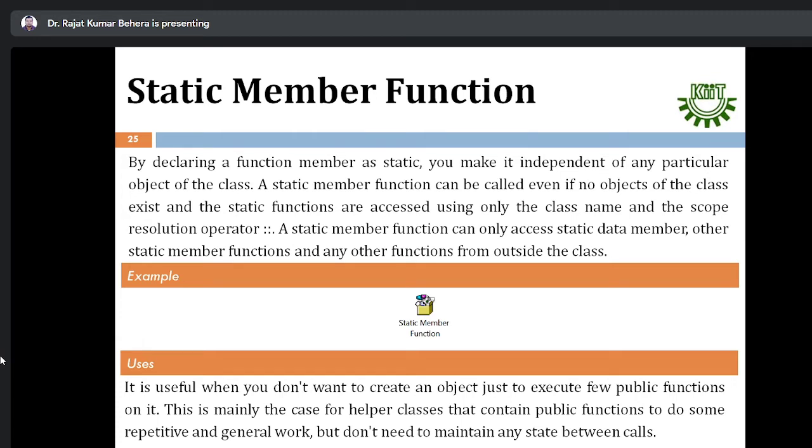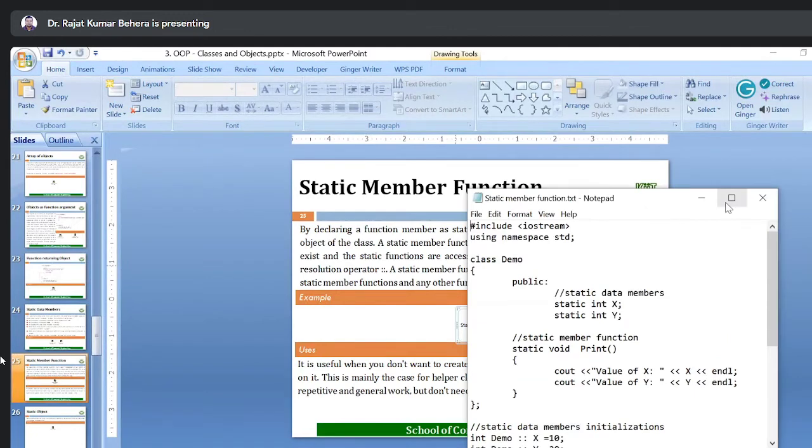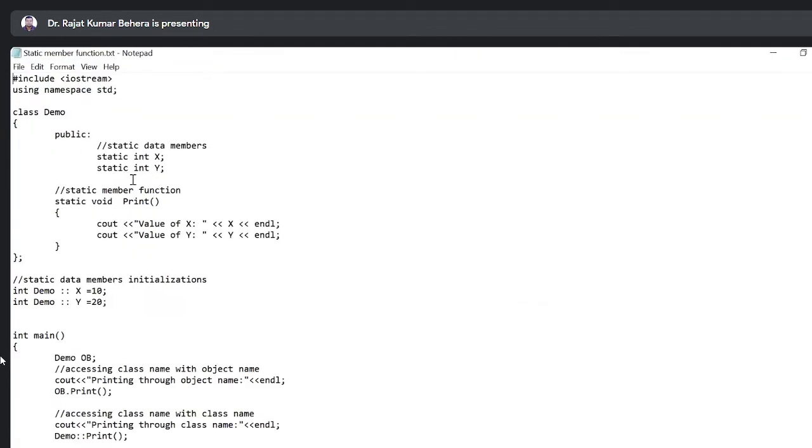Okay, so let's understand the concept of a static member function with an example. In this case, we have created a class called demo. In this demo class, we have created two static data members, integer x and integer y, under the public access specifier.